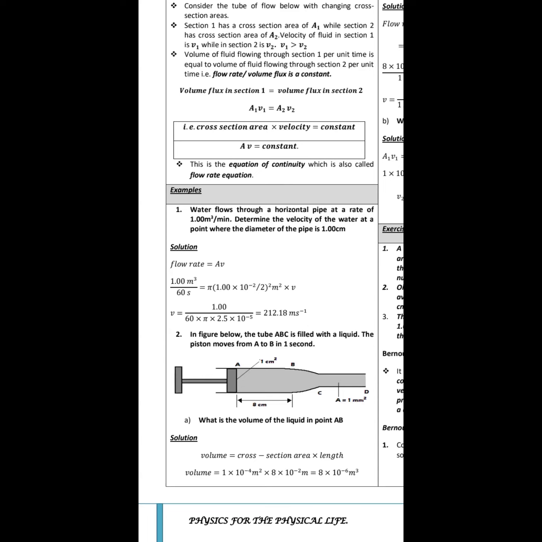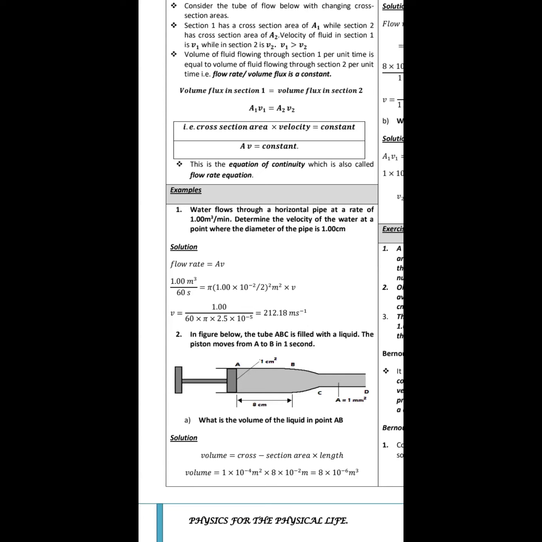We had changed it to 3, so let us put over 3 seconds, equal to the cross-sectional area of AB, which is 1 centimeter squared. Can we change 1 centimeter squared into meter squared? 1 centimeter and 1 centimeter squared are not the same. 1 centimeter is 0.01 meters.